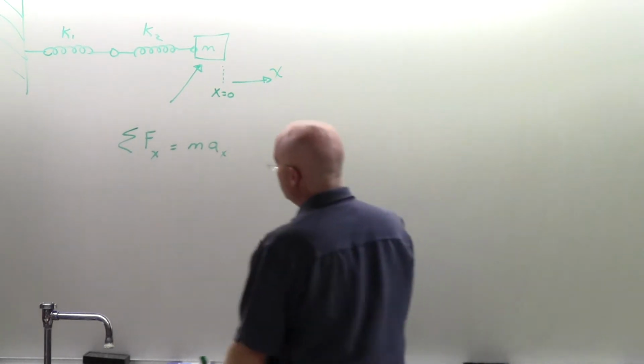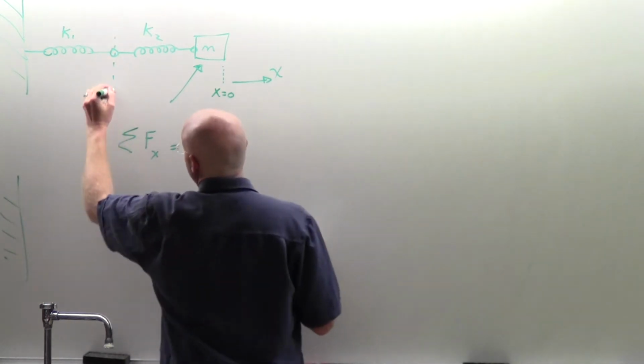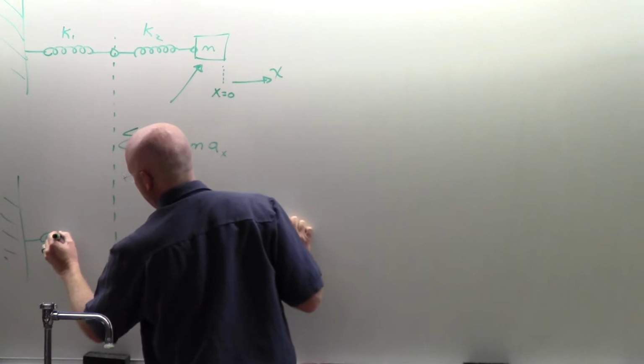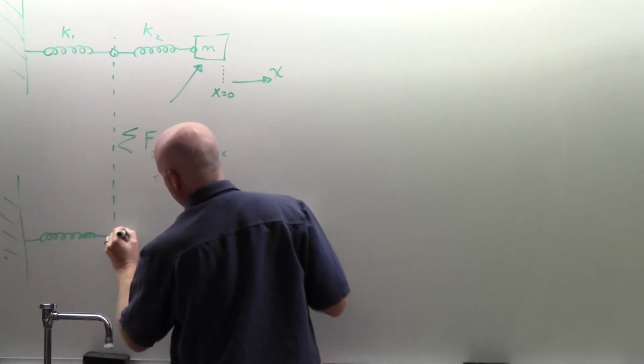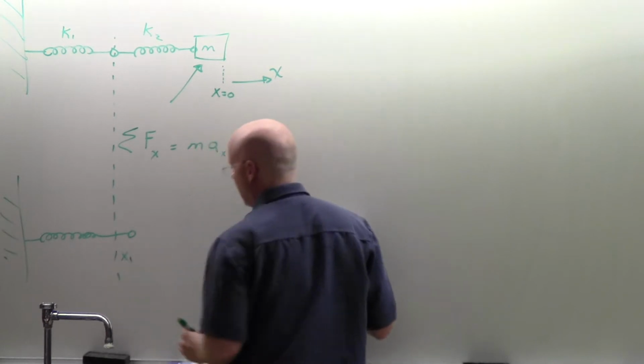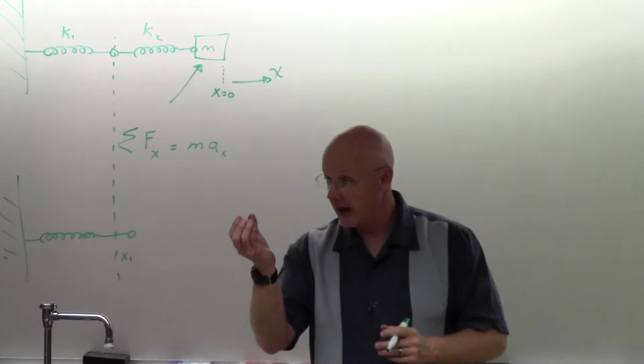I'll start by drawing this picture right below it. If I were to look at spring number 1 here, I would say spring number 1 has extended some distance. Let me call it x1.